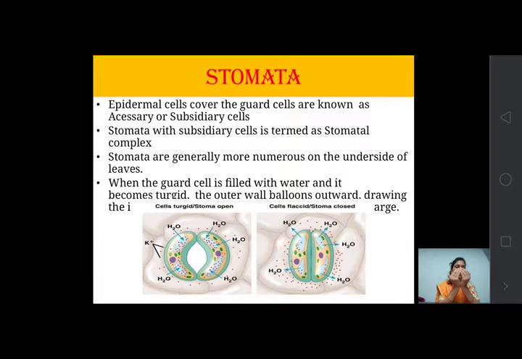As they separate, a pore or gap forms between the two guard cells, and this gap is known as the opening of the stomata. So it is due to the entry of water and the turgidity of the guard cells that the walls of the guard cells are pulled towards the outside.